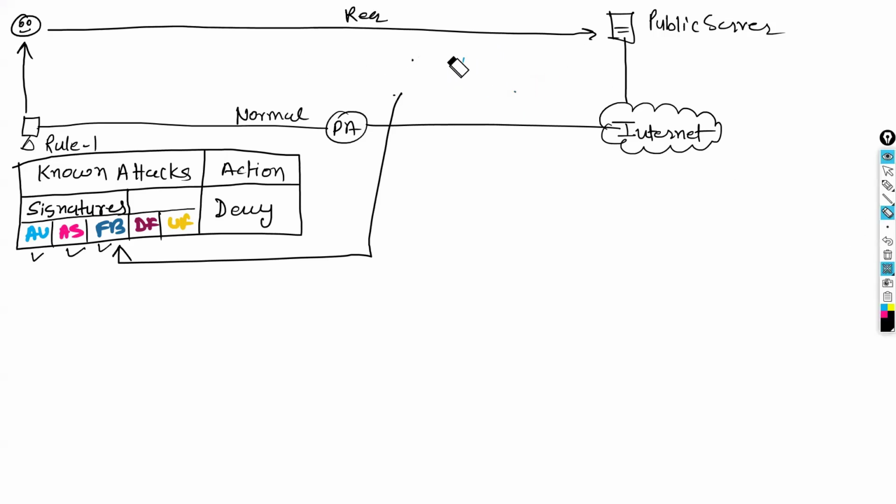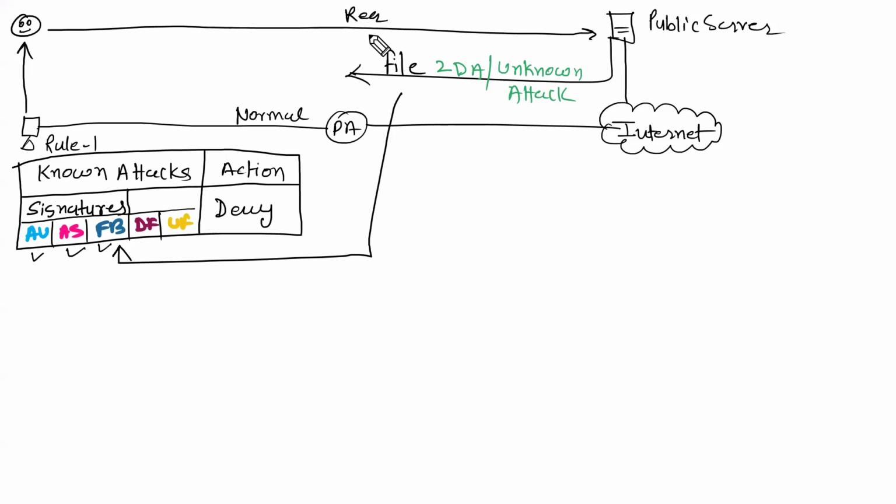To understand it, for example, we are getting a file, and this file contains ZDA, which is called zero-day attack, or it is also called an unknown attack. Done. Now, a file which contains an unknown attack or zero-day attack will come to the firewall.